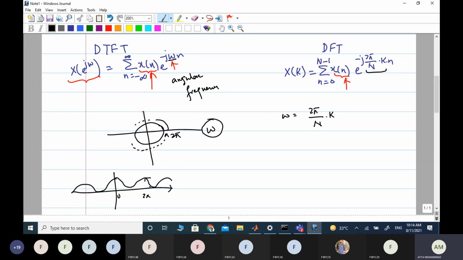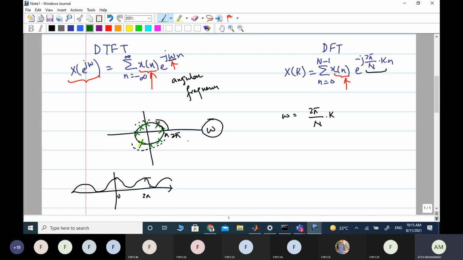For example, if we want to take 8 samples of omega, then one point must be here. One point can be here. 1 2 3 4 5 6 and 7.